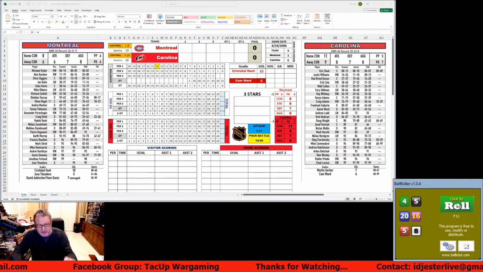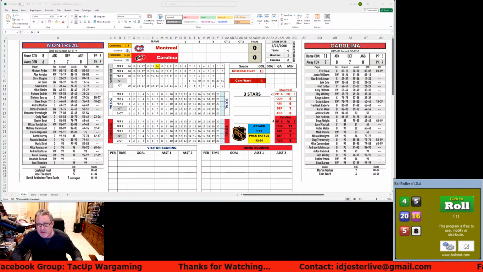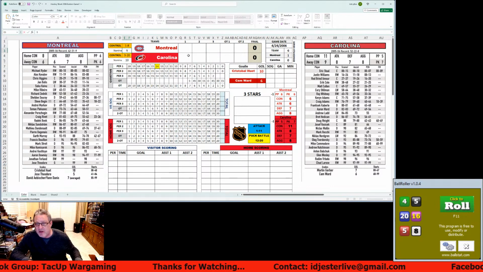If the visitors had a presence, an enforcer, they would deal a hit. If no enforcer, they lack protection and they take a hit instead. So Montreal's stamina is going to drop down to 9. Carolina's stamina is at 10. Montreal is now at 9.